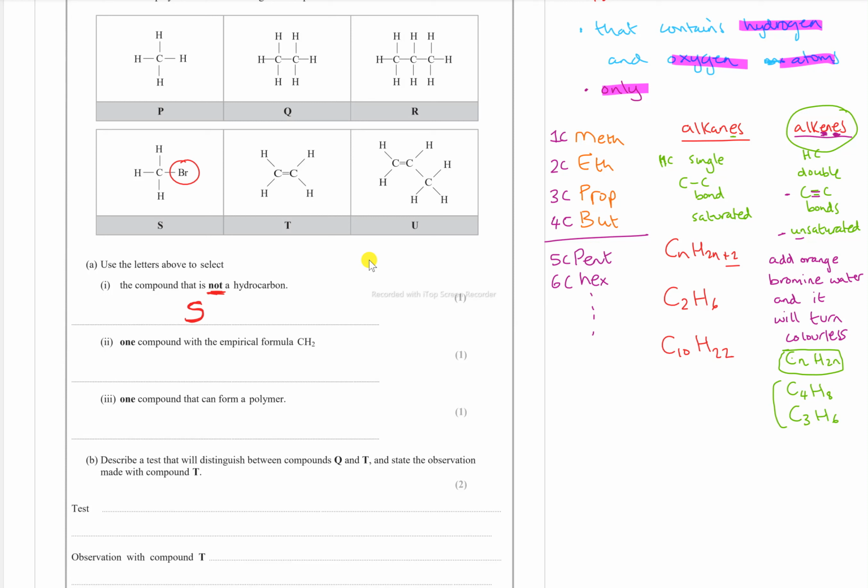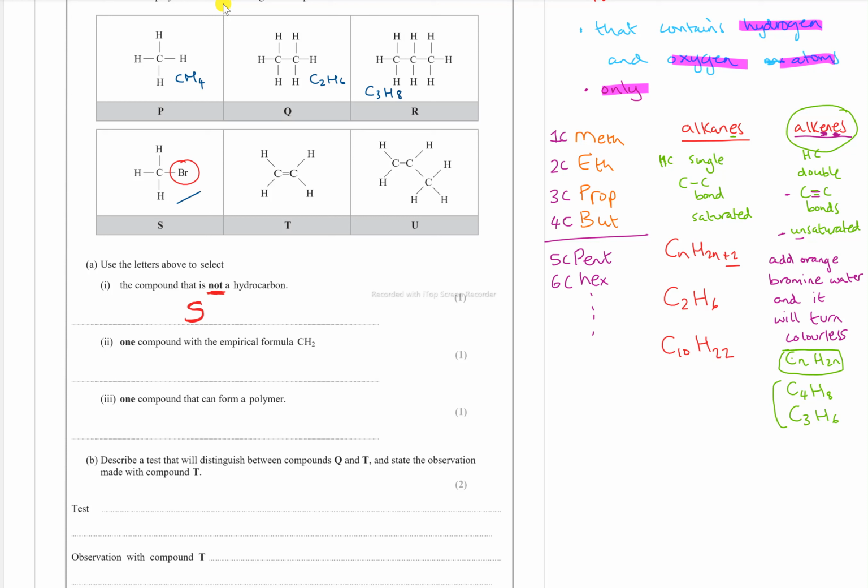Right, okay. One compound with the empirical formula CH2. So what they're saying is if you cancel these down, you're going to get CH2. So look, this is CH4. You've got C2H6. That is C3H8.